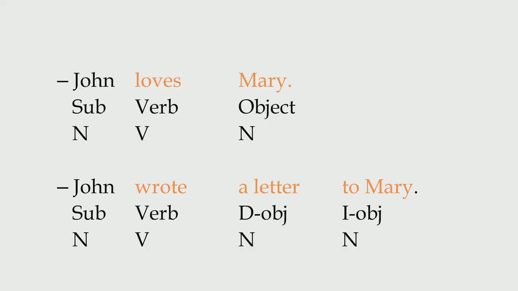In a very simple sentence of English like John loves Mary and John wrote a letter to Mary, the two parts are John and loves Mary. John is identified as a subject, and the remaining part of the sentence in the other color is predicate.